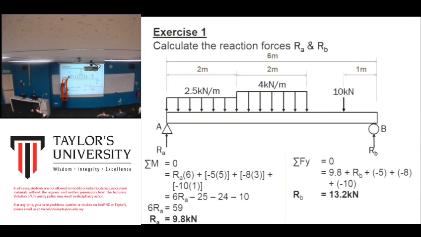So the distance between here and B, the reference point, is 5. Right? 6 minus 1. And then here, same. 4 times 2, 8. 3 is the distance from here to here. Okay?